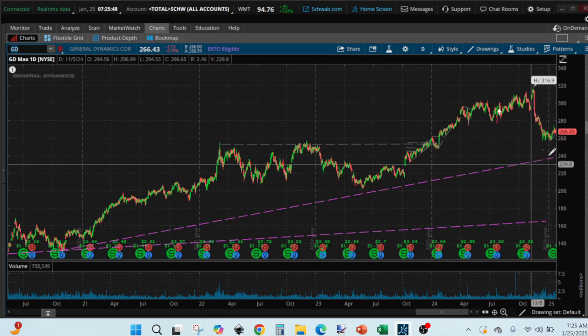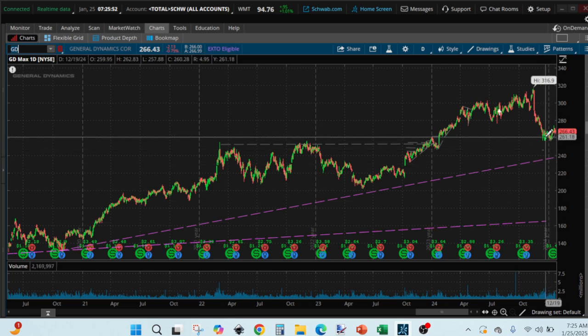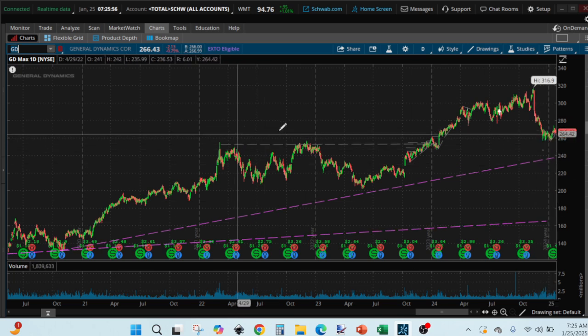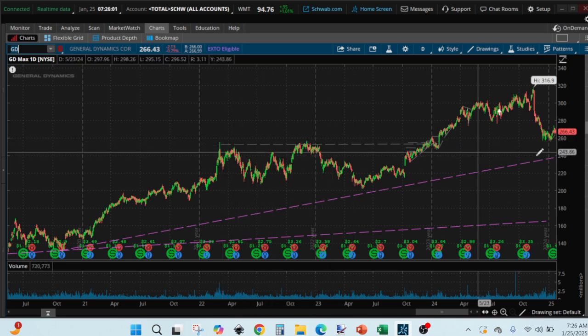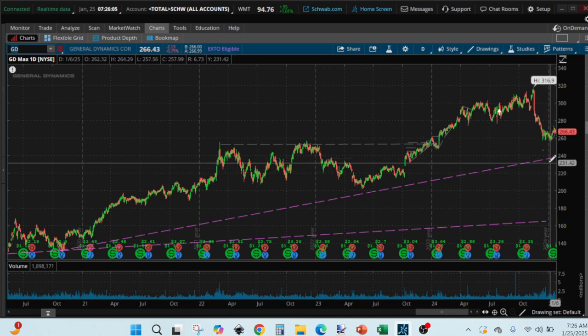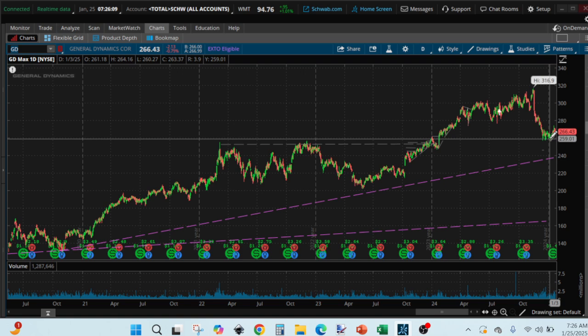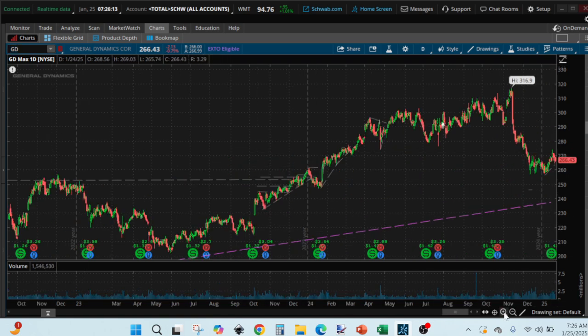So GD, we like to buy at this trend line or the other one, but right now it is resting at the resistance line of those two mountains here, and it makes me think it may not go back down to this line before it will start to go up, or it might decide to. So we are just going to keep observing it.